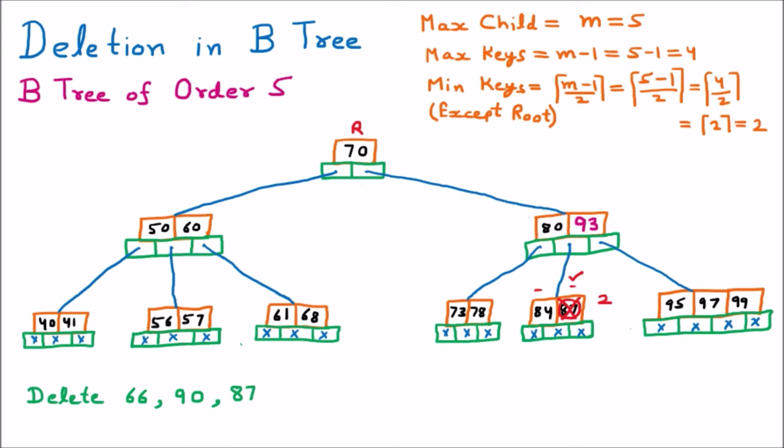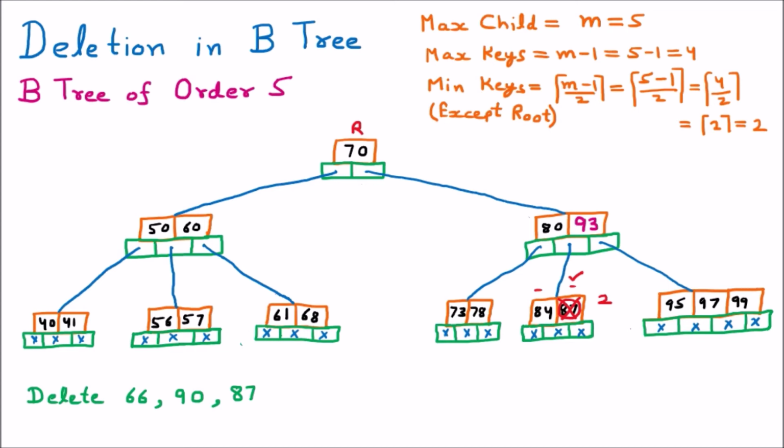Many books say that all the internal nodes except the root should have the minimum of the ceiling of (m minus 1) by 2 keys, or a different book says that all the nodes except the root should have the minimum keys, which is the ceiling of (m minus 1) by 2. So we are referring to the definition where the minimum keys of every node should be the ceiling of (m minus 1) by 2, except the root node here.